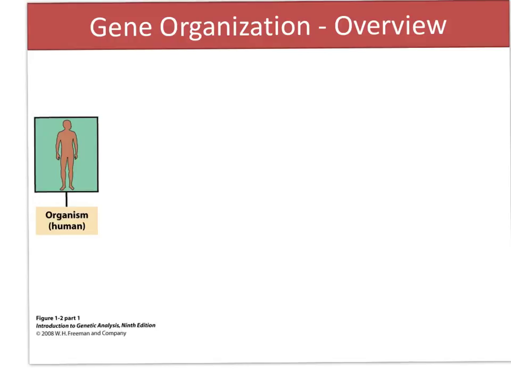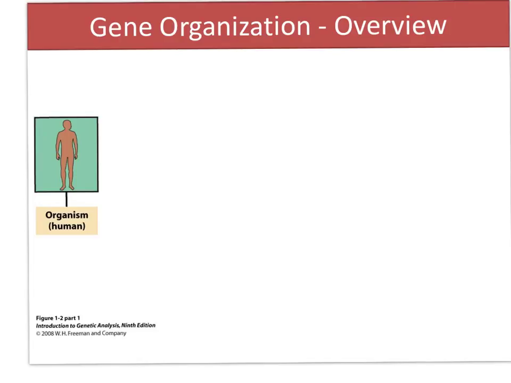So if we have a whole organism, whether it's a human or a giraffe or a carrot or a bacteria, all those things are made up of cells, right? And within those cells have functions, depending on what kind of cells they are.